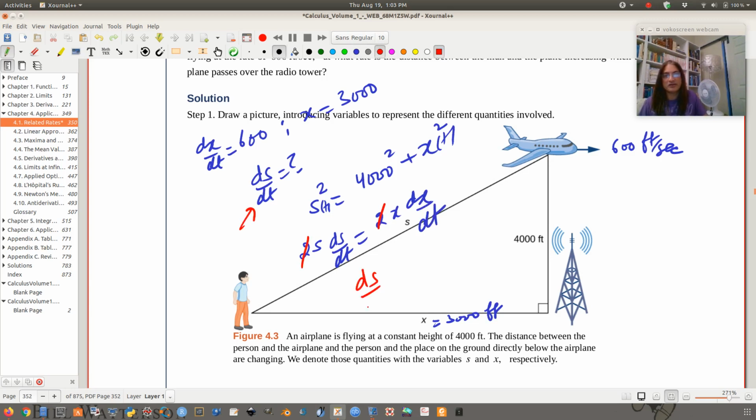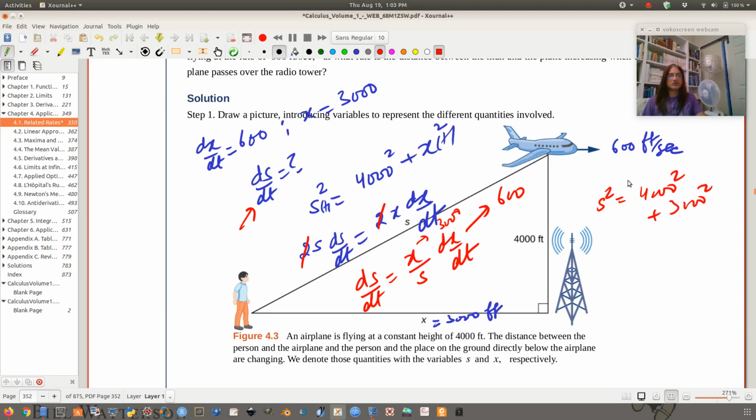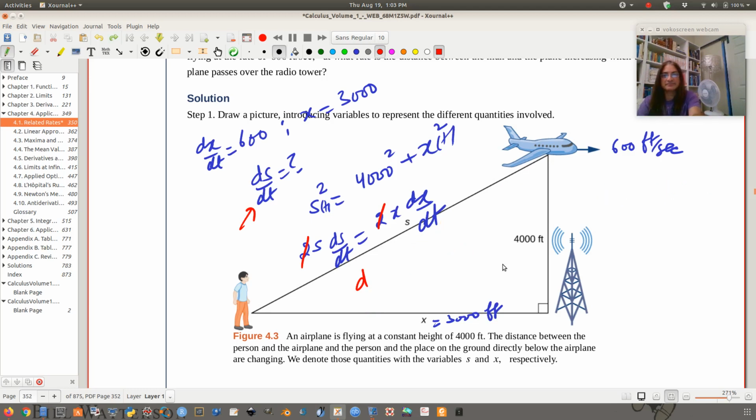So ds over dt is x over s times dx over dt. dx over dt is 600, x is 3,000, and s is easily found as s squared equals 4,000 squared plus 3,000 squared, so s is the square root of this. Plug in and you find the solution for ds over dt.